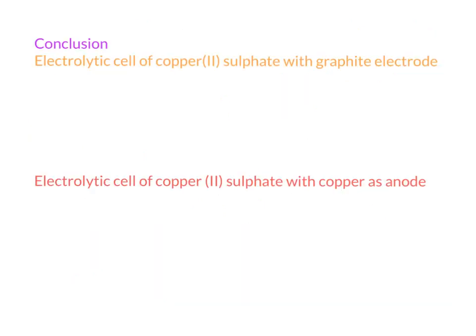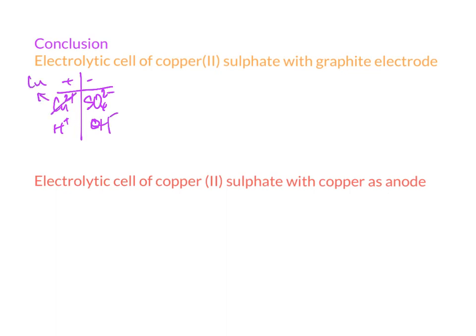So to wrap up our two electrolytic setups, the first one with graphite as electrode. First of all, you have to remember that the cation losing electrons, the cation to react, will be Cu2+.